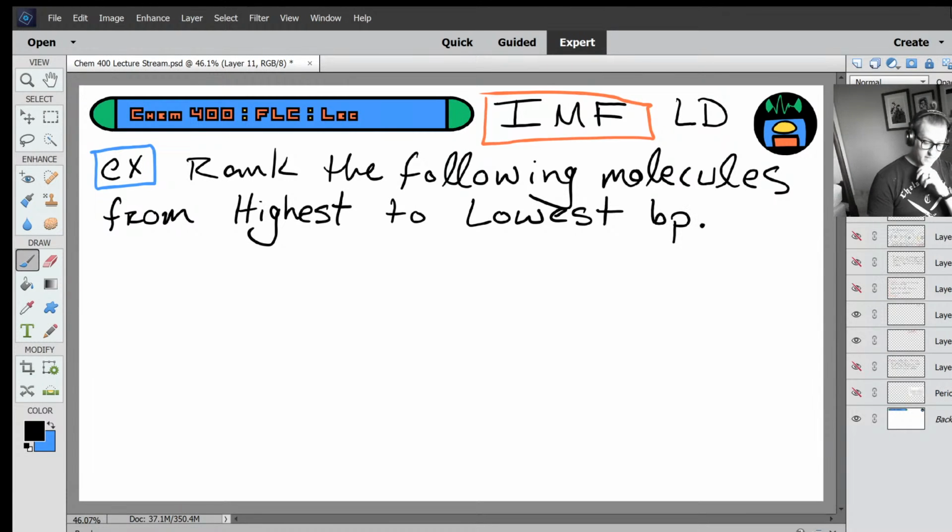All right, rank the following molecules from highest to lowest boiling point.